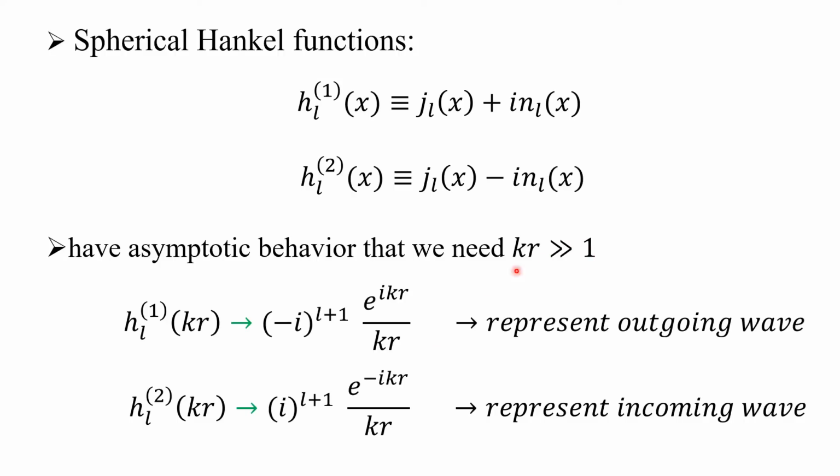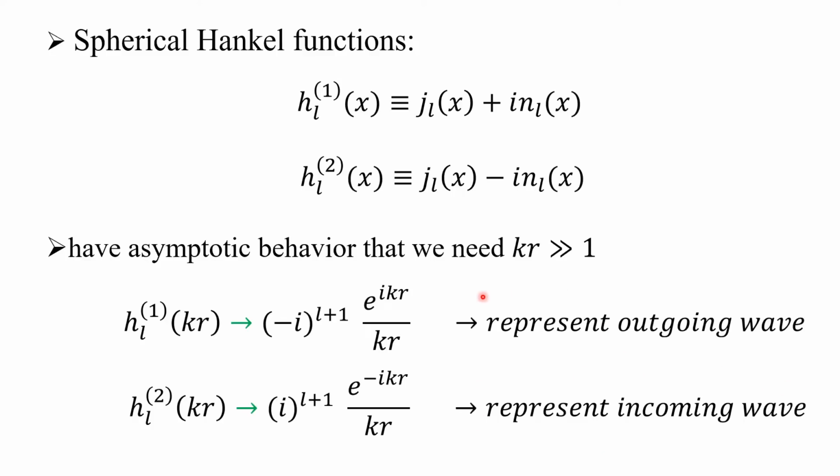In this case, the spherical Hankel function of kind 1 is represented by minus i^(l+1) e^(ikr)/kr, which represents the outgoing wave. Similarly, the Hankel function of kind 2 is i^(l+1) e^(-ikr)/kr, which represents the incoming wave.